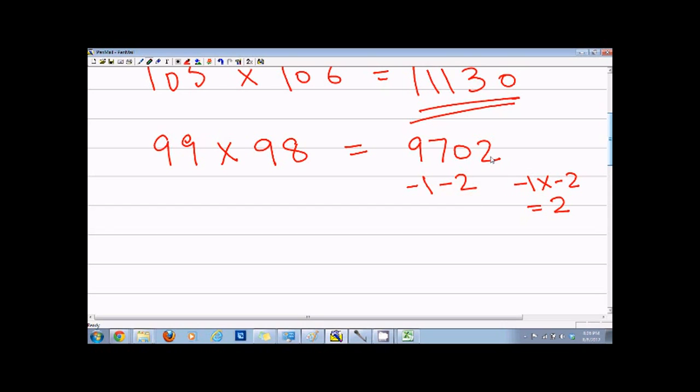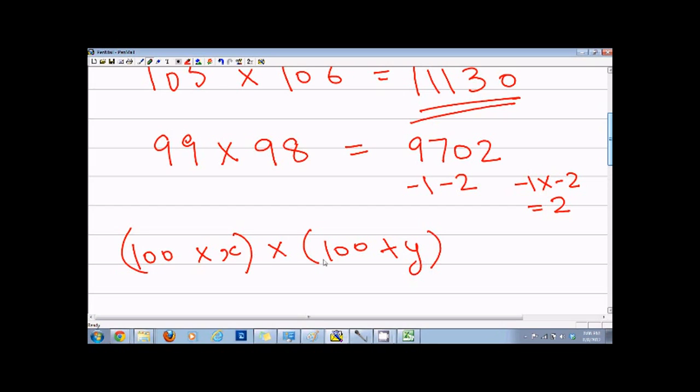This is not magic, there is a proof to it. So let's go to the proof. For example, if I have 100 plus x and I want to multiply by 100 plus y, here we have 10,000 plus 100 x plus y plus xy.